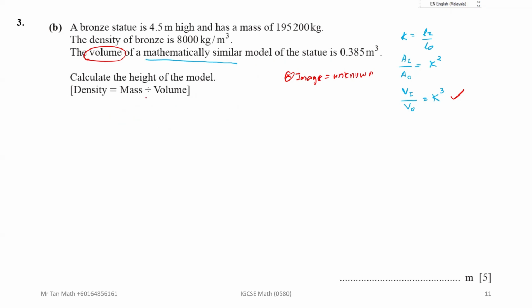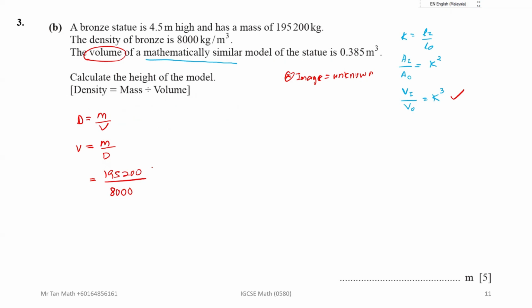So first you need to find the volume, because here they give you density. So density is equal to mass over volume. So volume equals mass over density. So that equals 195,200 over 8,000.